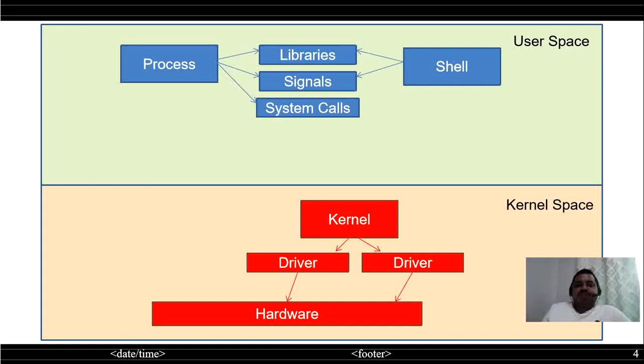Apart from that, the kernel has another responsibility: to execute the user space application. How does it execute it? For that it uses system calls and signals. The system calls and signals talk directly to the kernel, and based on that it executes. Consider you want to display something on a display, or you are using scanf.